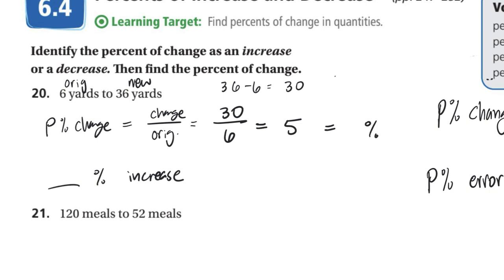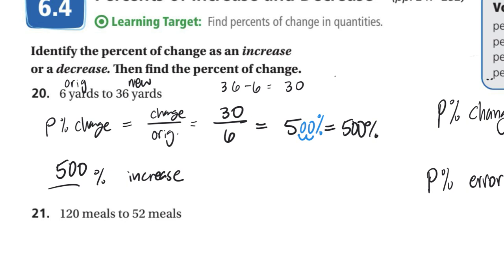So we need to take the decimal point and move it twice. So we get 500%. This was a 500% increase, okay? All right, so that was the percent change. That's how to use the formula. You just get the change and compare it to the original.